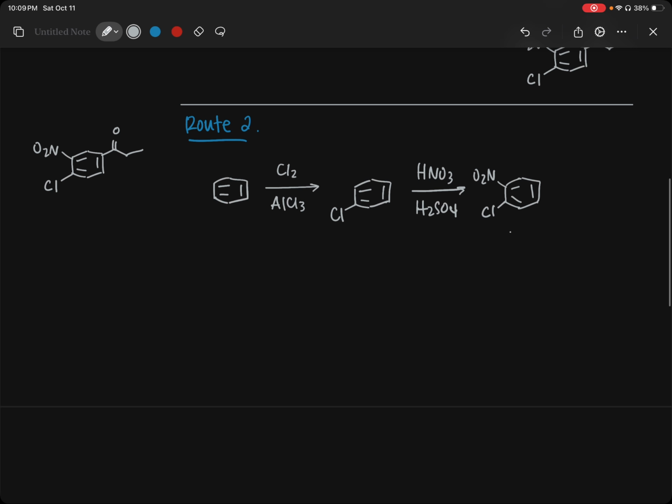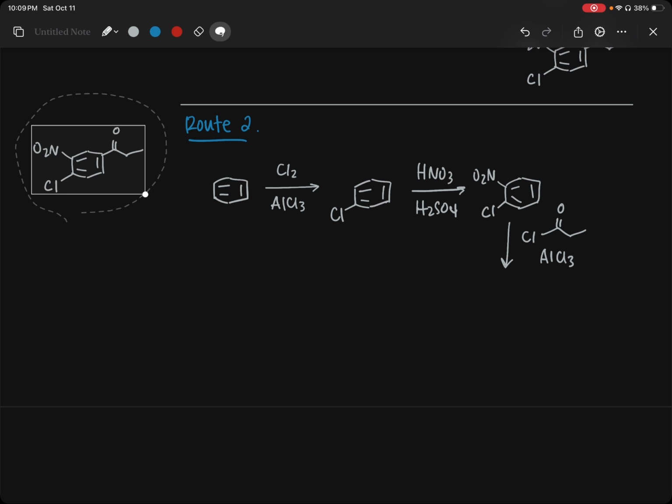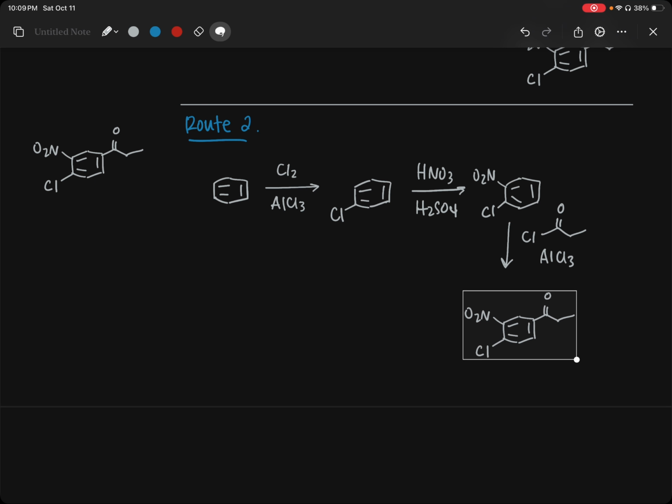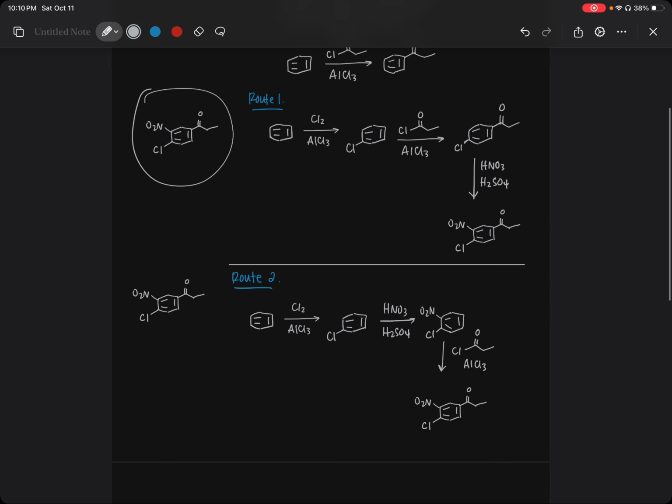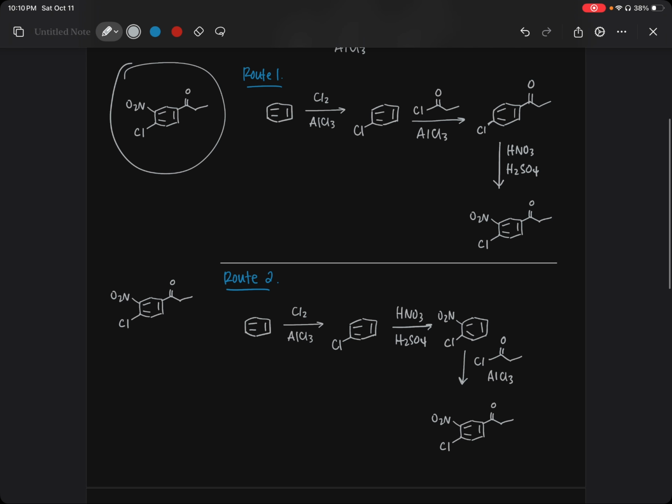Okay, and so to do this final reaction, the reagents we need are our acyl chloride or acid chloride and an aluminum chloride catalyst. And so if we do that, that's going to install the acyl group at that position. And there's our target molecule. All right, so there's our 2 routes for the synthesis of that tri-substituted benzene derivative.